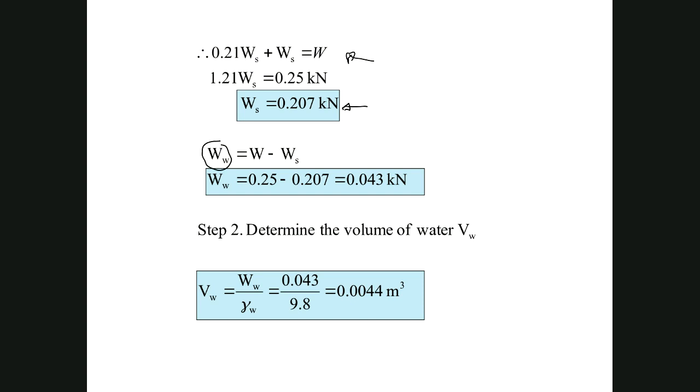So weight of water will be total weight, which is 0.25, minus weight of solids that we just found, and it's going to give us 0.043. Okay, so let's go to the next step.